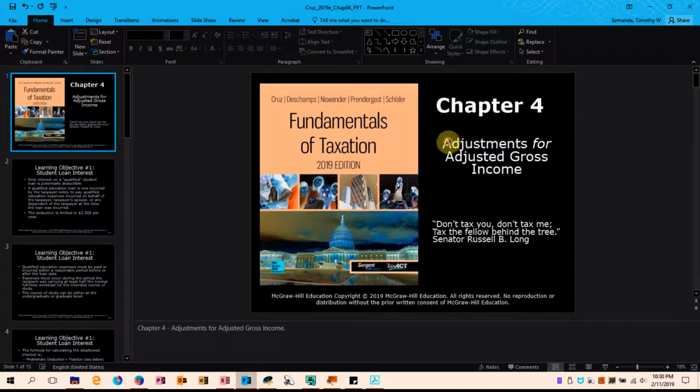First of all, what we mean by adjustments for AGI is that these adjustments actually help determine the amount of your adjusted gross income, as well as income that you report and other things.